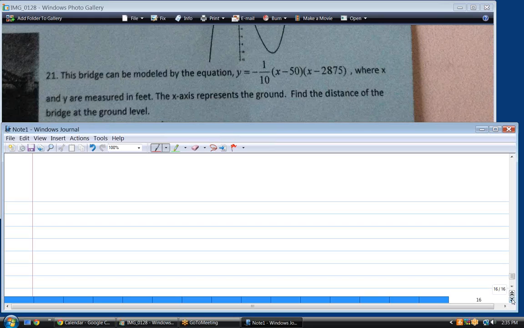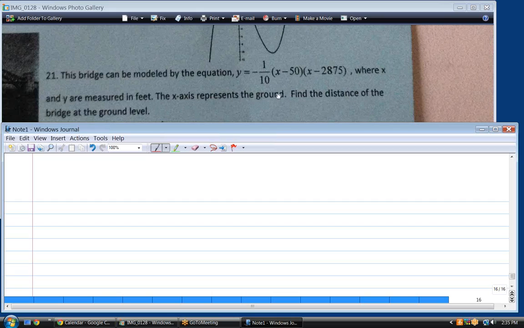Wow. I'm trying to figure out how to draw this. What they basically mean, without drawing it, is that the height of the bridge is modeled by y, and the length of the bridge is modeled by x.